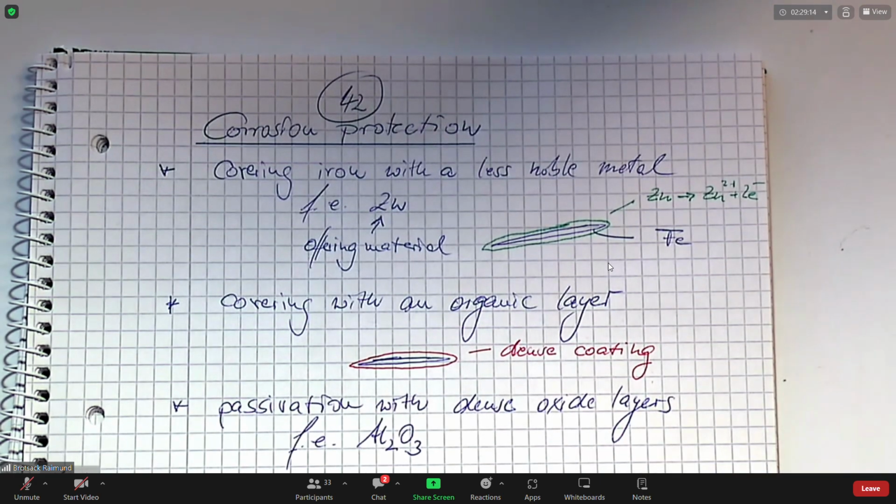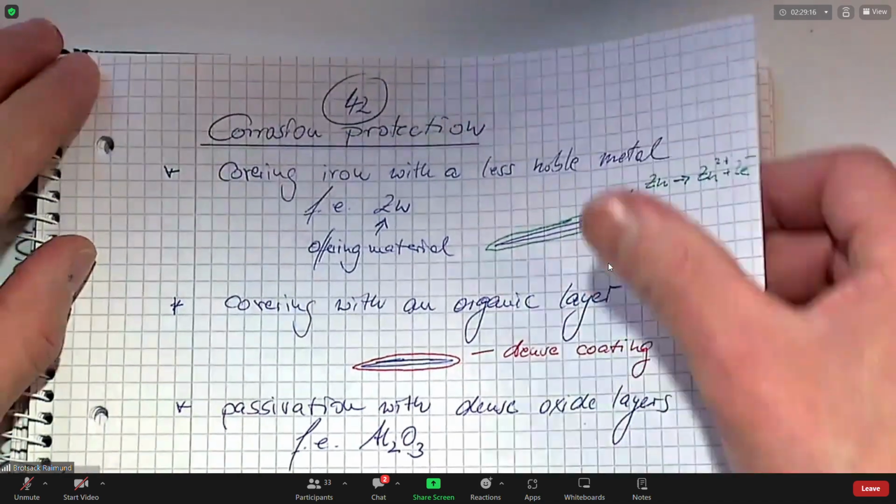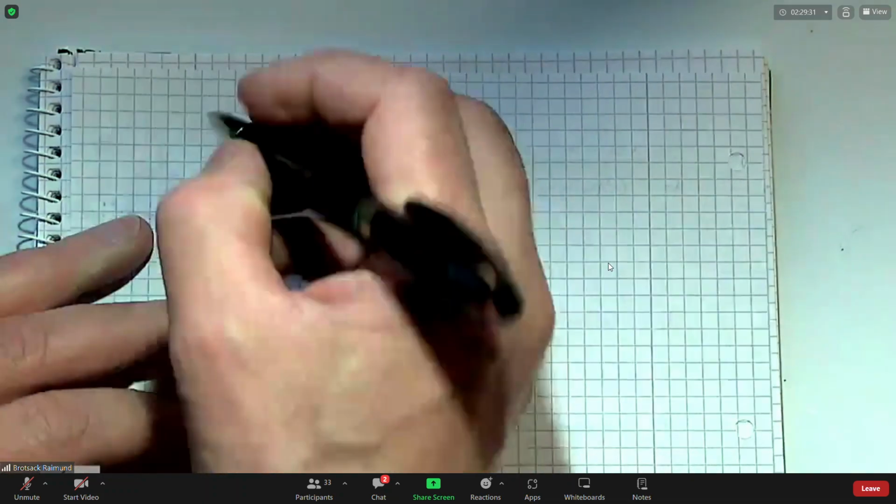Then I'd like to go on with another main topic, the short one. We already used some formulas in this field of chemistry, and we call it organic chemistry.